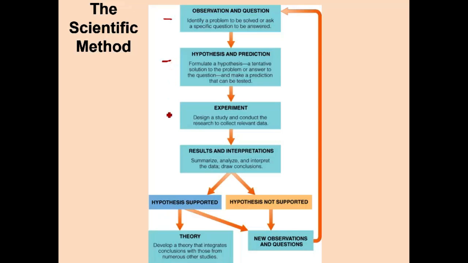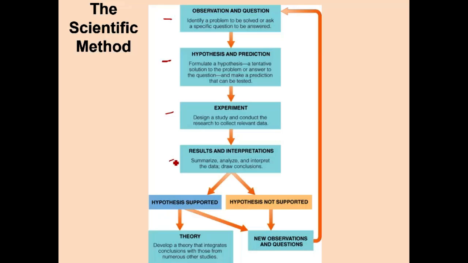Okay, so then I need to test that prediction. I need to test that hypothesis. So researchers design experiments and conduct the research to collect the relevant data. What happened? Then we have the results and interpretation. So we gather the data, we have the results from what we did.